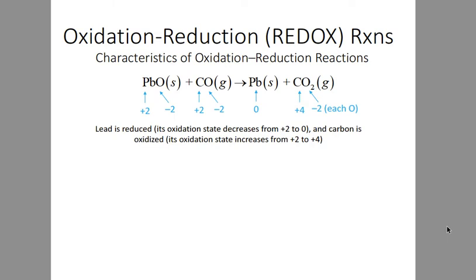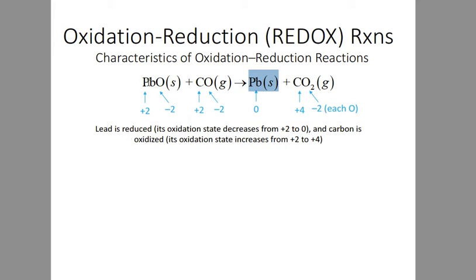In the last step, again, as we go through it, we see that the lead started as a +2, oxygen as a -2, the carbon as a +2, the oxygen as a -2. This time, lead solid. Solid lead. That's going to be elementally pure. That's going to be a 0. And then we have carbon at a +4 and oxygen at a -2.